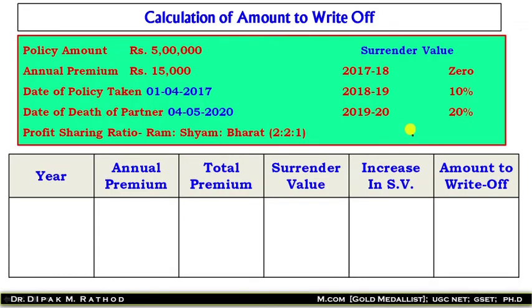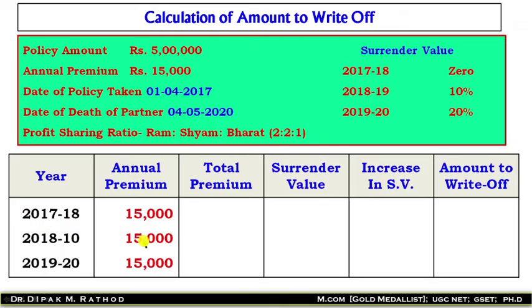Let's calculate the amount to be written off. For that, we have a proper format of this table: year, annual premium, total premium, surrender value, increase in surrender value, and amount to be written off. So year we have 1718, 1819 and 1920. Annual premium we are given 15,000 here.